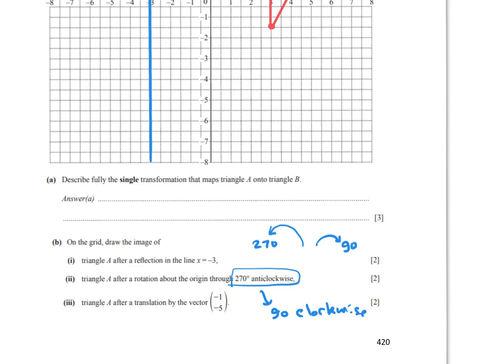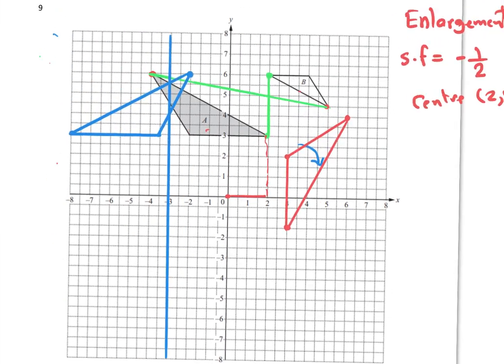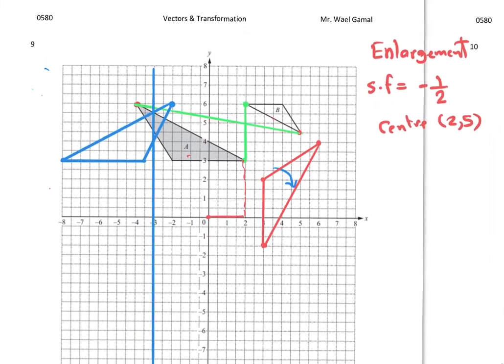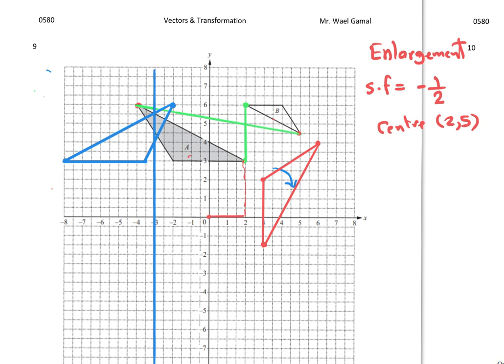For part three, triangle A after translation by vector (-1, -5). We need to move 1 to the left and 5 down. So if the translation is with column vector (-1, -5), each point moves 1 to the left and 5 down.